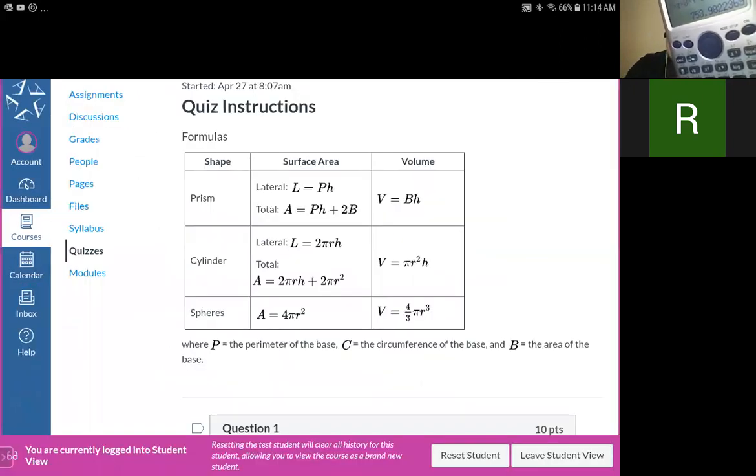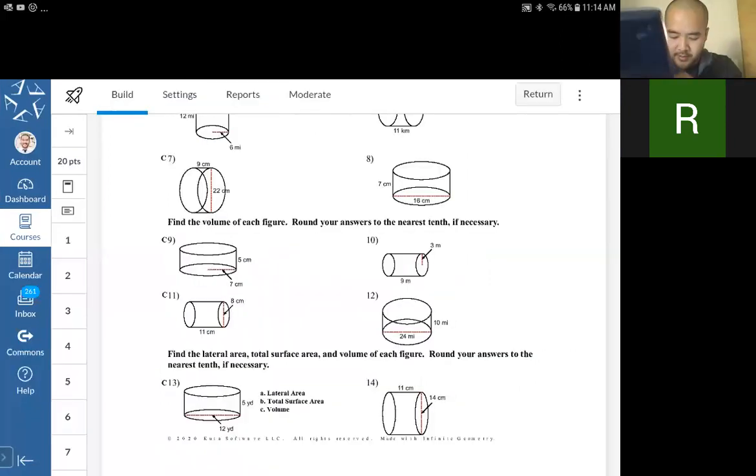Volume for a cylinder, pi r squared h. So really it's just plugging stuff in the formula. It's really not that complicated. So for volume, let's do number 11. It's pi times radius is 4, pi r squared times h is 11.